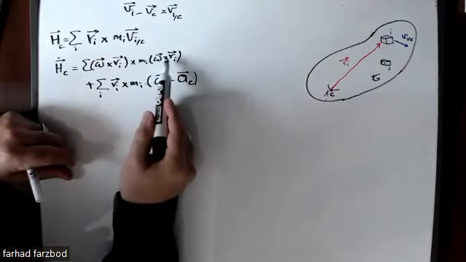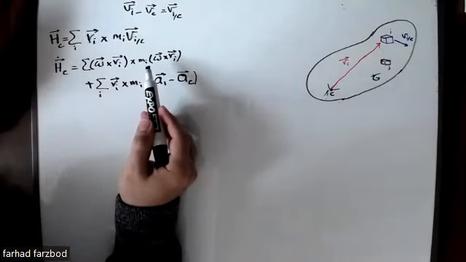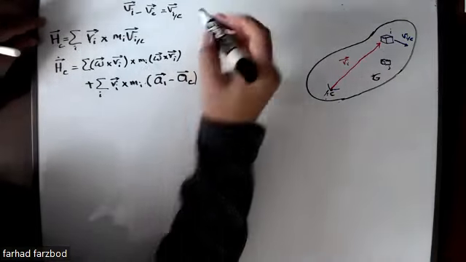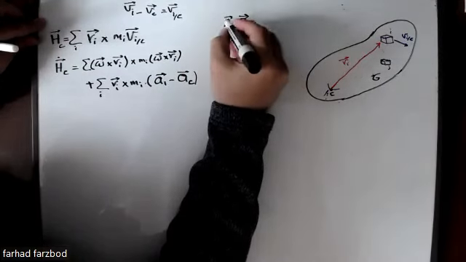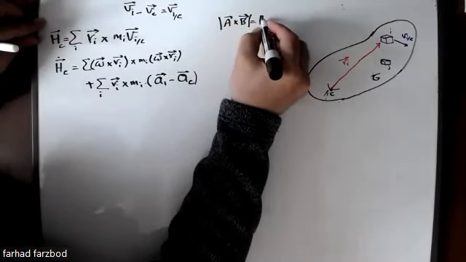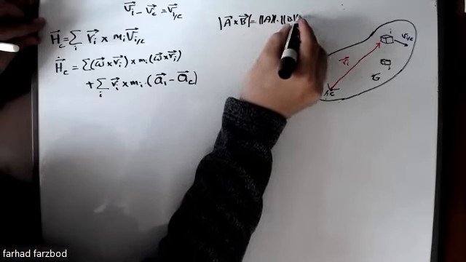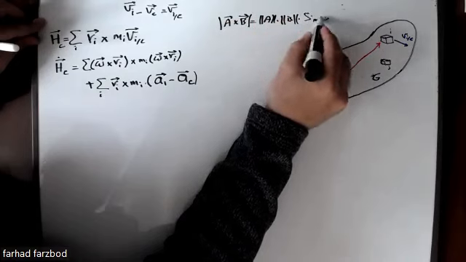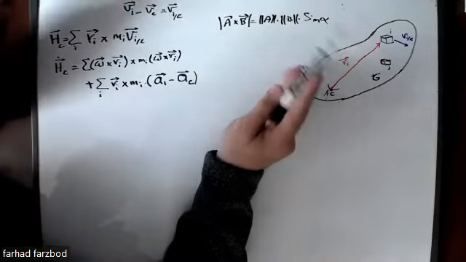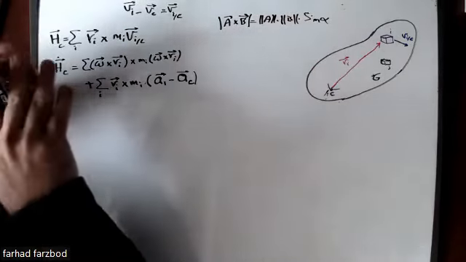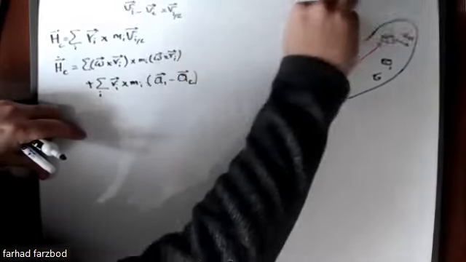I have this crossed with itself, and any vector crossed with itself becomes zero. Remember, the magnitude of A cross B is the magnitude of A, times the magnitude of B, times the sine of the angle between them. So if I have A cross A, the sine of the angle between A and A is zero, so this becomes zero. So any vector crossed with itself becomes zero.